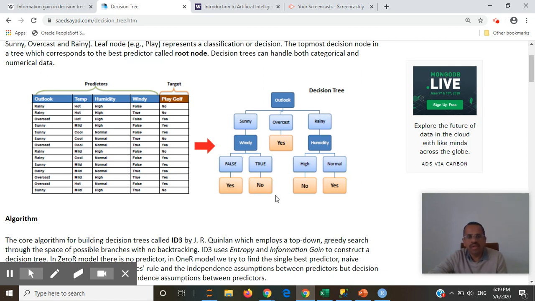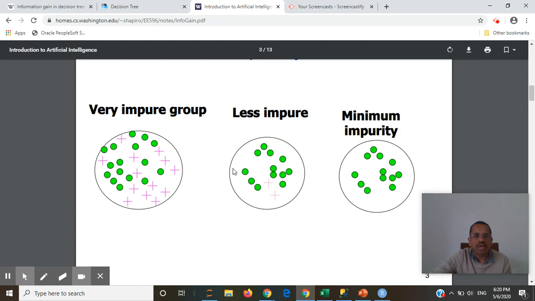The main issue here is how can I choose this outlook as my top column where I split my tree or decision. To get to this point, the calculation is based on information gain and entropy. So I will go to that topic.